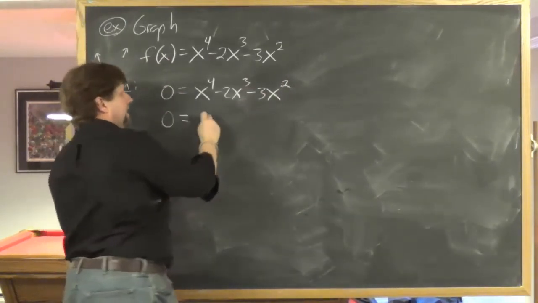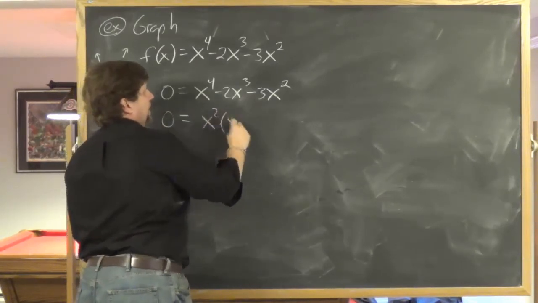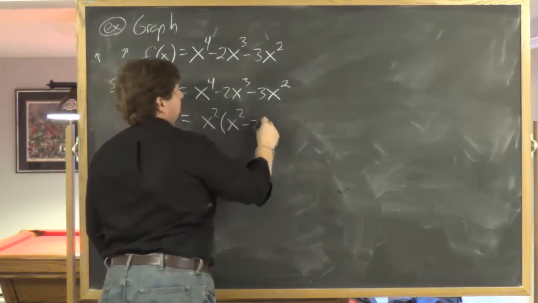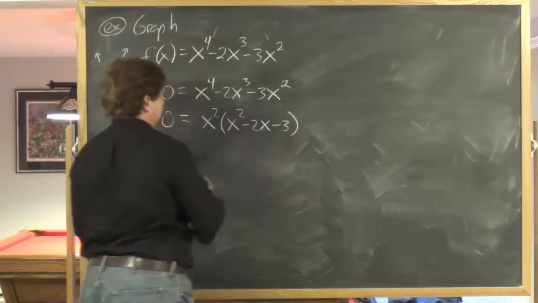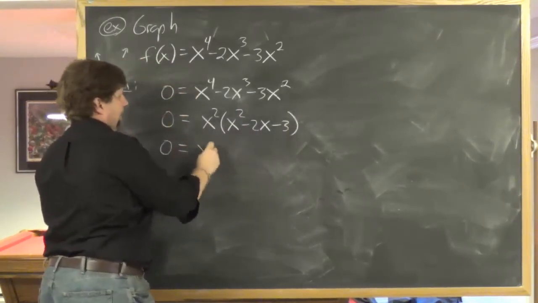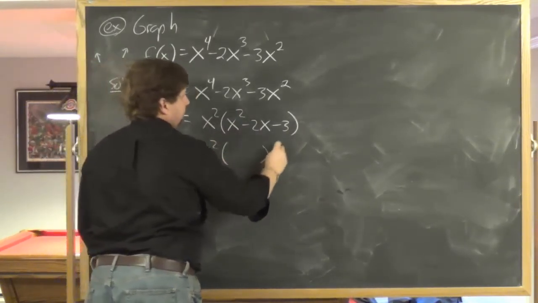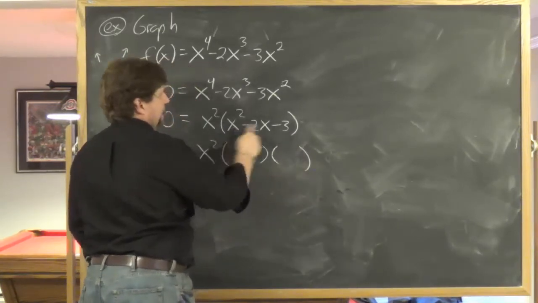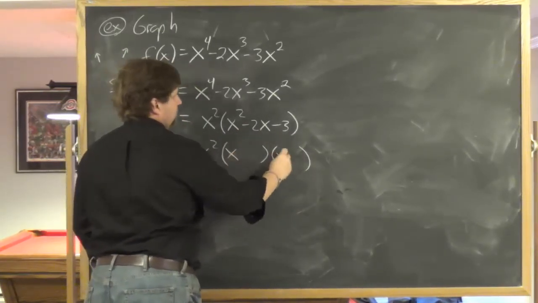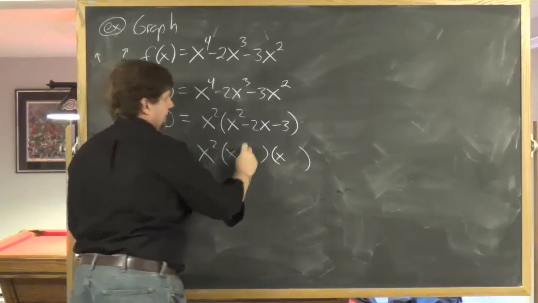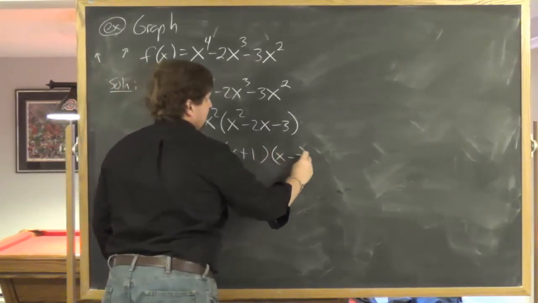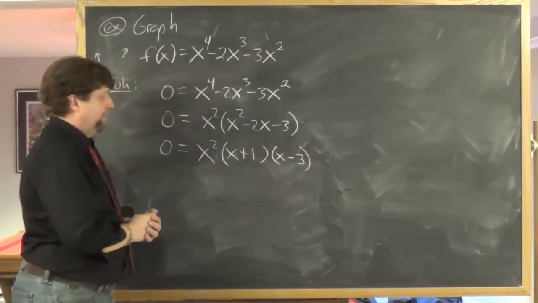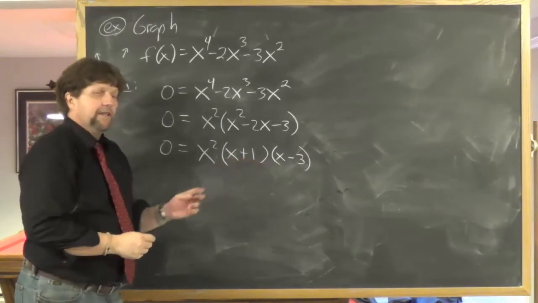So let's factor out the x squared. And that leaves me with x squared minus 2x minus 3. And if I keep factoring, this factors to x plus 1 times x minus 3. So now I have it completely factored.